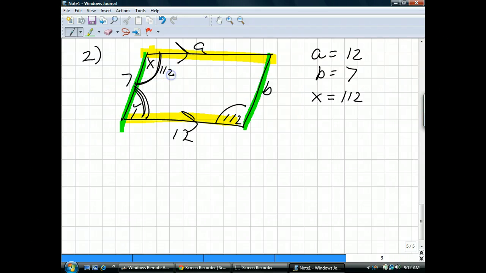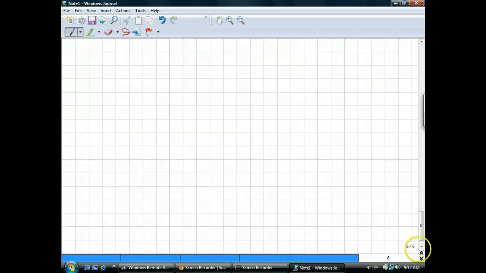So this is 112. Then 180 minus 112 is 68. So measure of angle Y has to be 68. Okay? So this angle is 68 degrees, which means then that this angle is also 68 degrees because opposite angles are congruent.